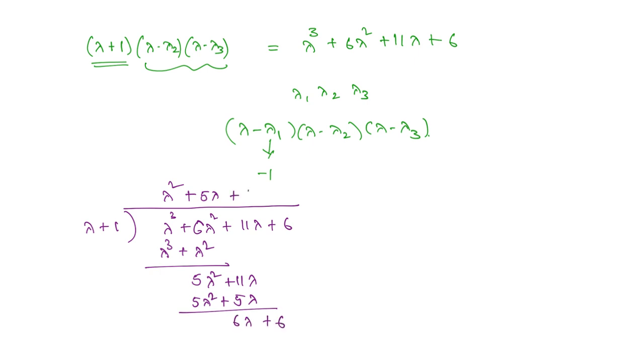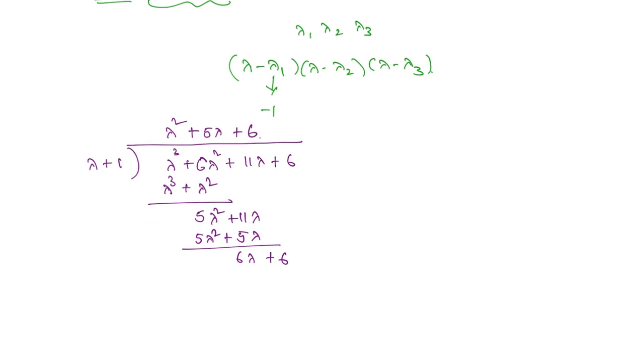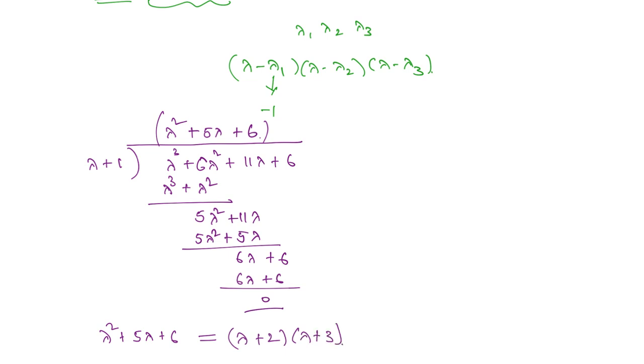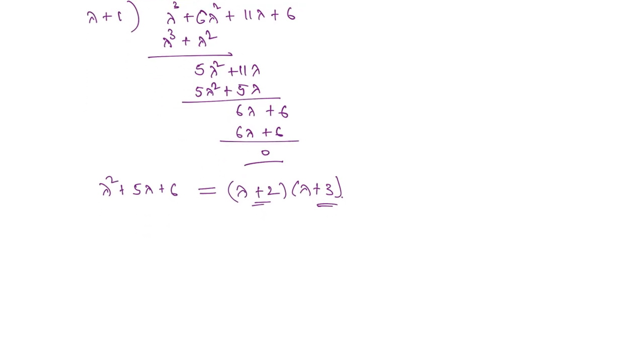So finally you multiply by 6, and 6 lambda plus 6 will give you 0. So now the quotient is lambda square plus 5 lambda plus 6. This you can write as (lambda plus 2) into (lambda plus 3) by splitting the equation. So the other two roots are minus 2 and minus 3. So what are the eigenvalues here? The eigenvalues are minus 1, minus 2 and minus 3.